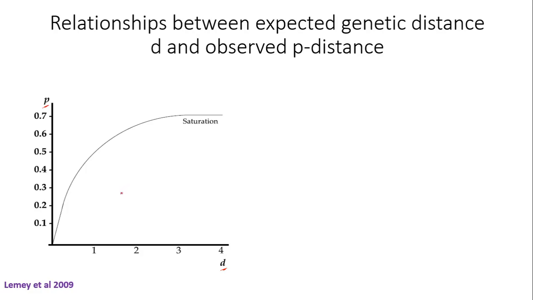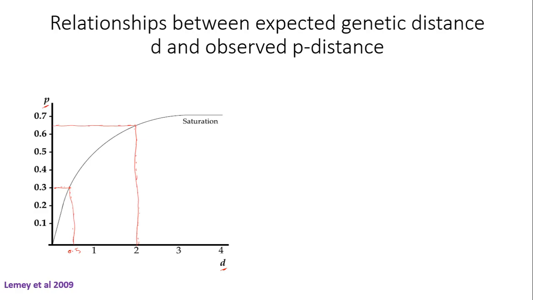Say for example, if the observed distance is 0.23, then the genetic distance might correspond to something over here like 0.5. Or if the genetic distance is 2, then the observed distance, if you try to interpolate it, can go to about 6.5. So in this way you can interpolate between the genetic distance and observed distance.